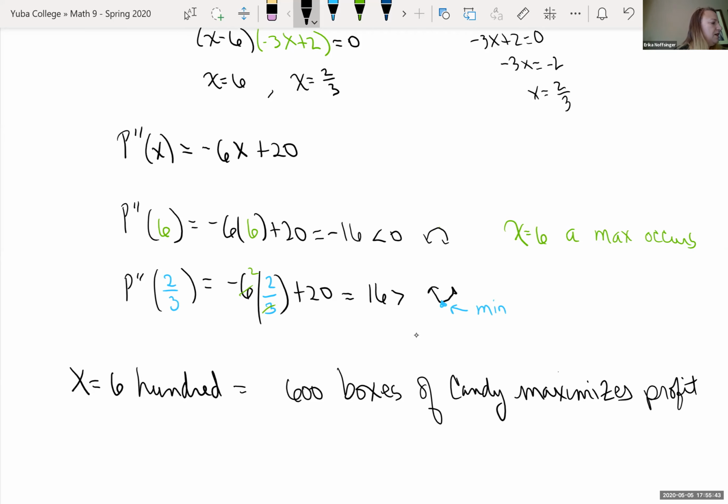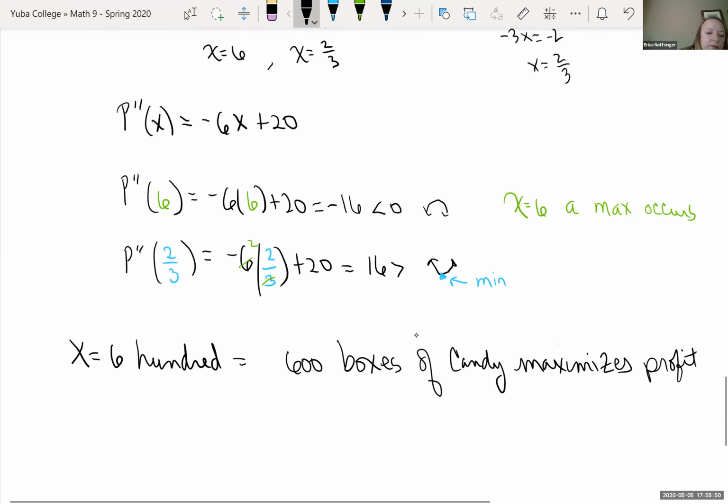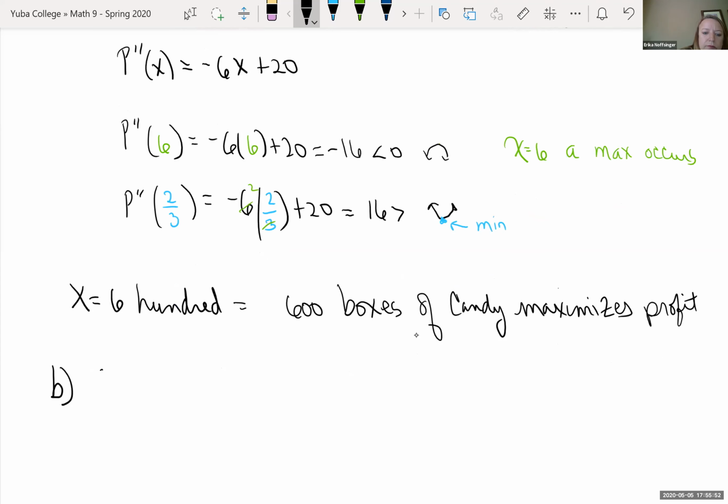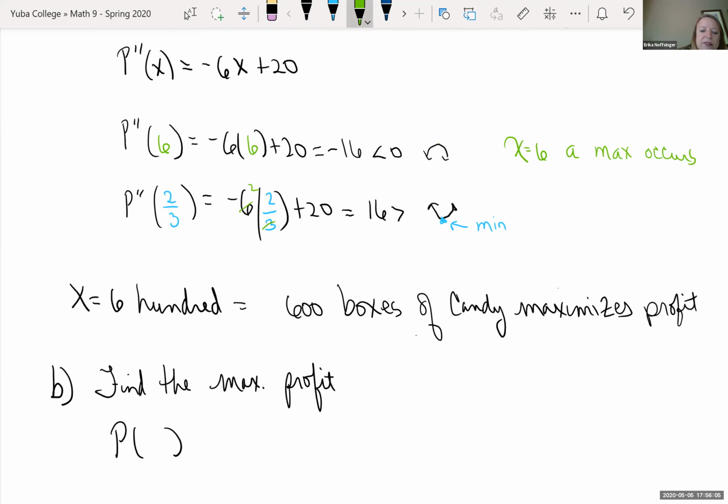So part B says find the maximum profit. So we want to look at plugging in. Well, X is in terms of hundreds. We're just going to plug in 6 for X. And so plugging this in, I need my original equation.